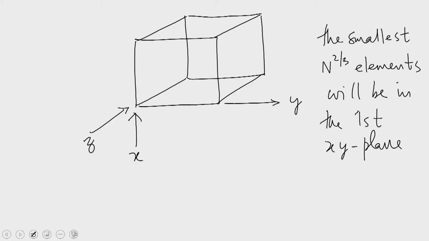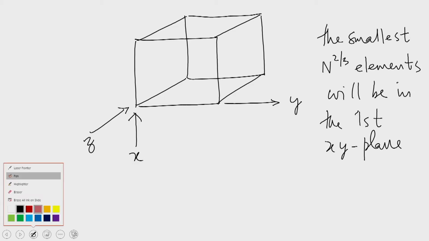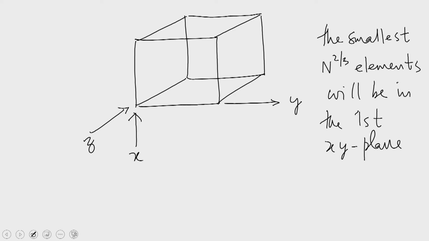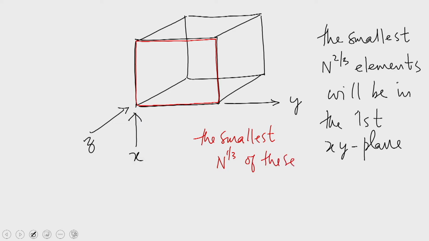So, if the planes are numbered from top to bottom, or if the planes are numbered from front to back, then the first xy plane happens to be this. So, we assume that the smallest n^(2/3) elements will be on this plane. And then in addition, we will assume that the smallest n^(1/3) of these will be in the first x line.